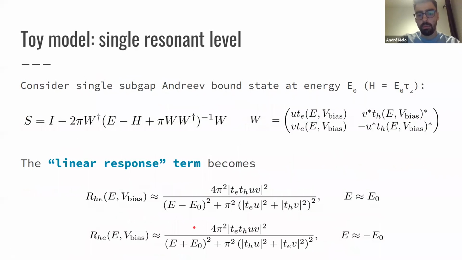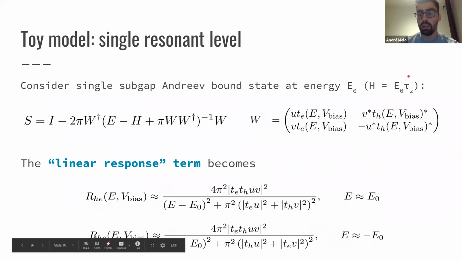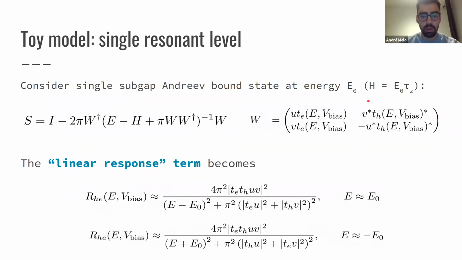Before we proceed to looking at more complex models, we can take this formalism and use it to compute the conductance in a toy model. The toy model that we look at is just a single subgap Andreev bound state at some energy E naught, so our Hamiltonian is just E naught tau Z. Then we can use a very handy formula called the Weidenmüller formula that allows us to compute the scattering matrix of the system.